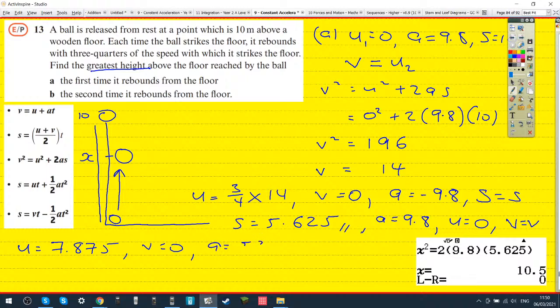And we want S, right? So S is S. Let's try that. So we use V squared equals U squared plus 2AS. So 0 squared equals 7.875 squared plus 2 times minus 9.8 times S. Put that on the calculator.